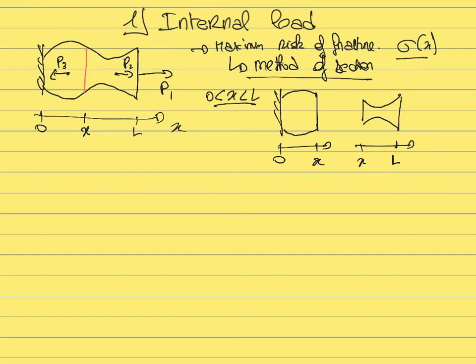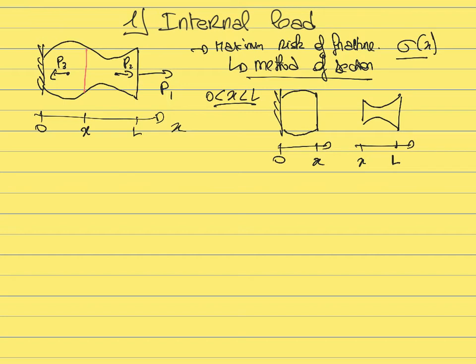The internal load comes from the fact that if you isolate the left part of the fish, for example, then the right part acts as a fixed support for the left part. So you have a load that is going to be transmitted from the right to the left, and you will also have a load transmitted from the left to the right. So here we need to start to have some convention on what we are going to define as being a positive internal load.